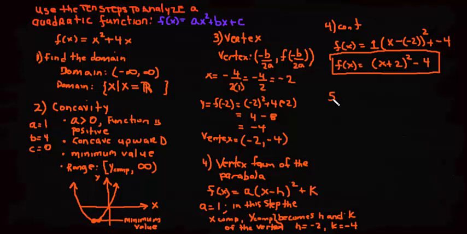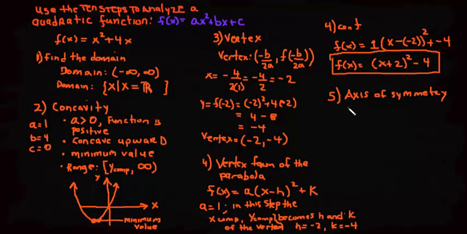Number five, we're finding now the axis of symmetry. Y'all remember this? What was the axis of symmetry, from giving you an overview of the 10 steps?